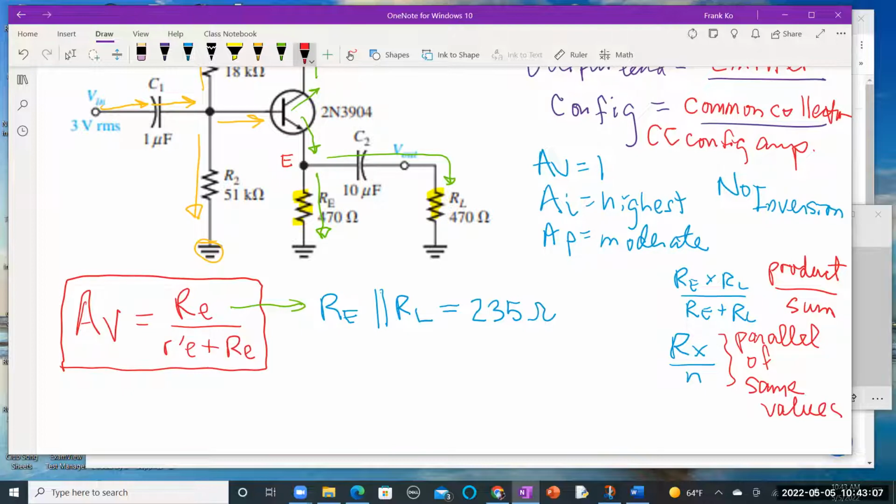Do I not have a 470 on the left for RE? Do I not have a 470 on the right for RL? Are they the same values? Yes. Cool. So as long as you have resistors in parallel of the same value, you simply take that value, 470, and divide by N, the number of resistors of the same value. How many? 2.